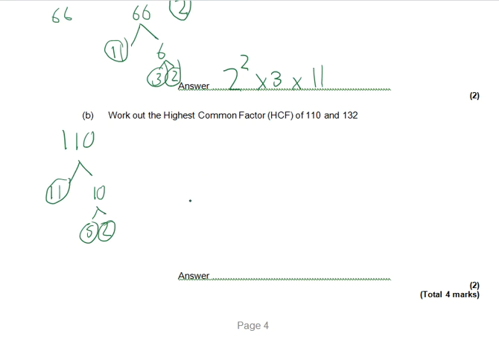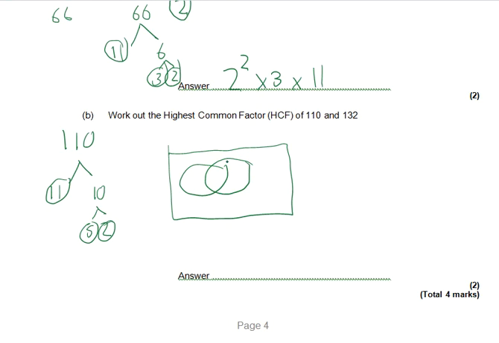What we then need to do is draw our Venn diagram and look for the overlap. We've got an 11 that appears in both lists, and we've got a 2 that appears in both lists, and that'll be it. So 11 times 2, so the answer is 22.